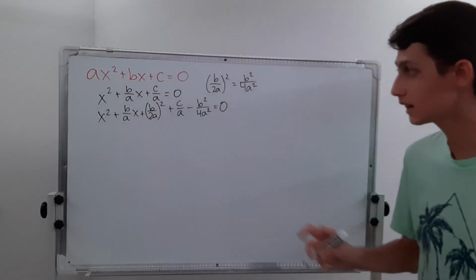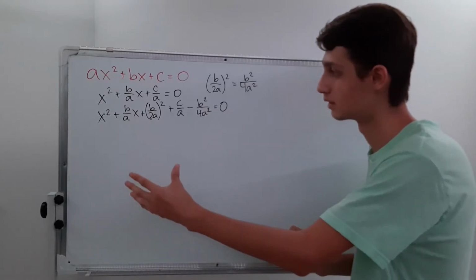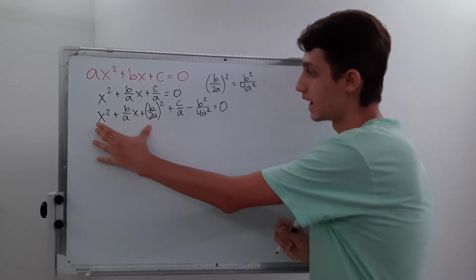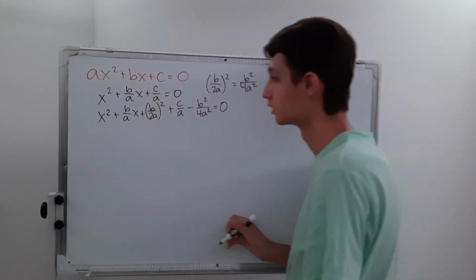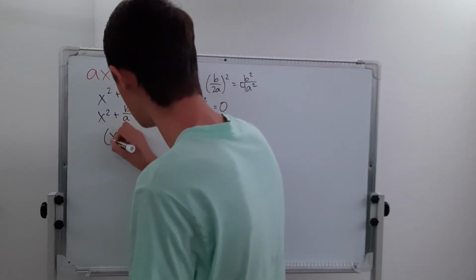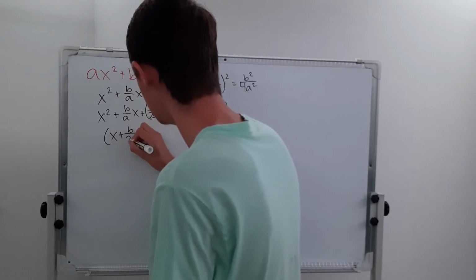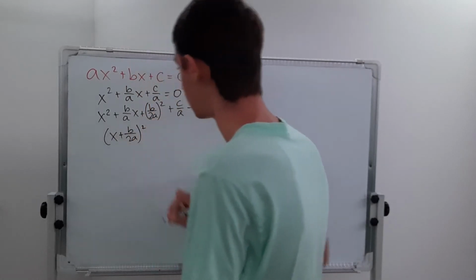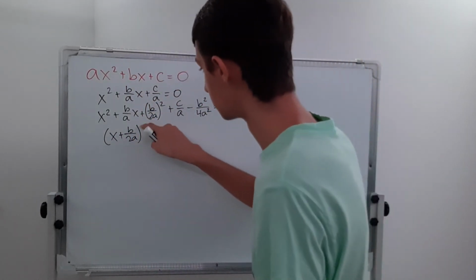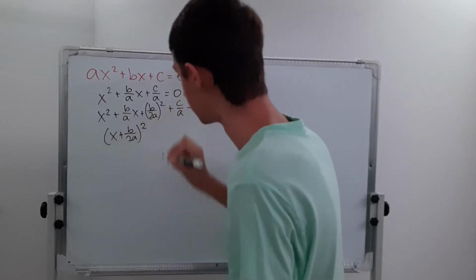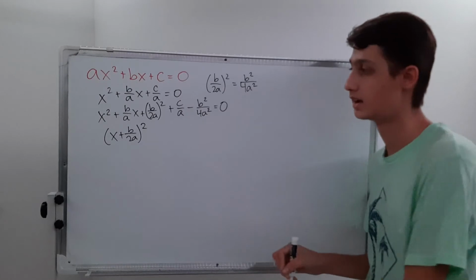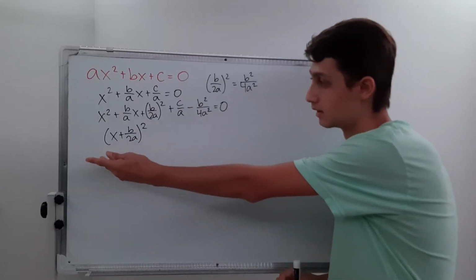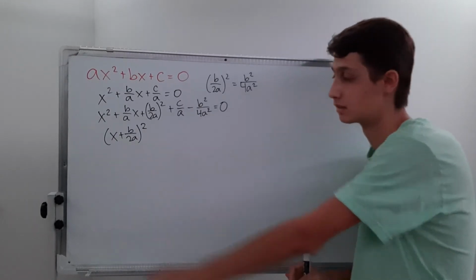It's a pretty long expression, but we can simplify it now. This is just going to be x plus b over 2a, all to the power of 2. Then we're going to move these two terms to the other side, because all we have to do is isolate x, which is pretty easy from this point.